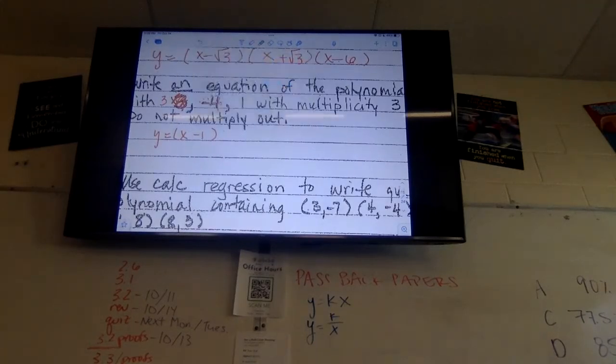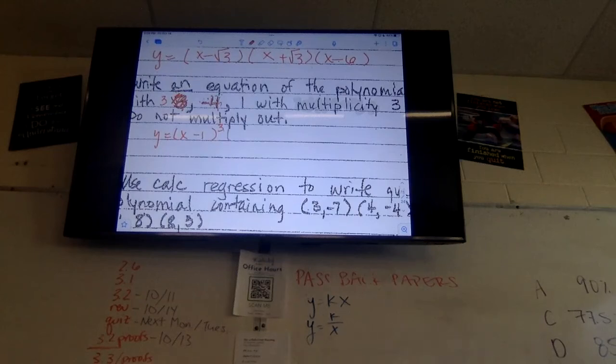What does that mean? What is multiplicity? 3 outside the parentheses. As how? As an exponent. So the multiplicity of 3 means that it's that factor raised to the 3rd power, or to the 2nd power, or to the 7th, or whatever number I decide to give you.